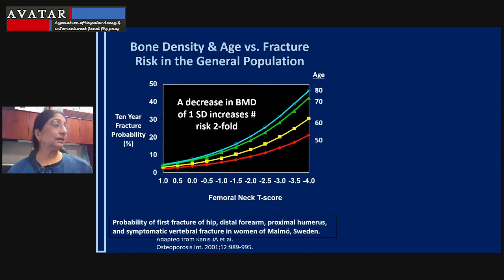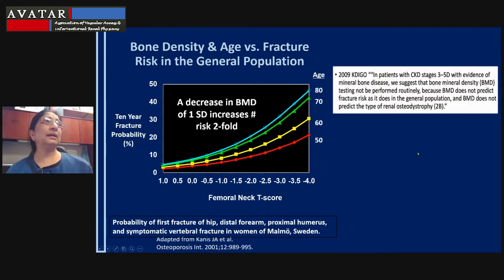Unfortunately, in the nephrology community, for a long period of time, we had little faith in measuring bone density. Perhaps this was not such a good example of therapeutic nihilism. Indeed, the 2009 KDIGO guidelines did not recommend DEXA testing routinely in this population, although if you think about it, patients with CKD stages 3 to 5 probably fall into the high-risk age group of osteoporosis as in the general population.